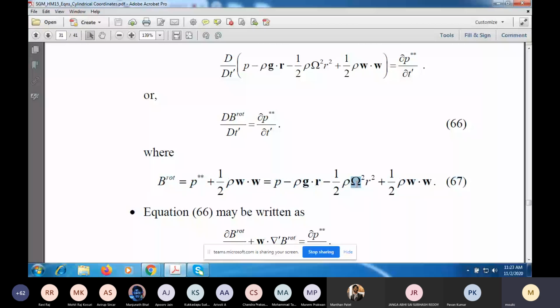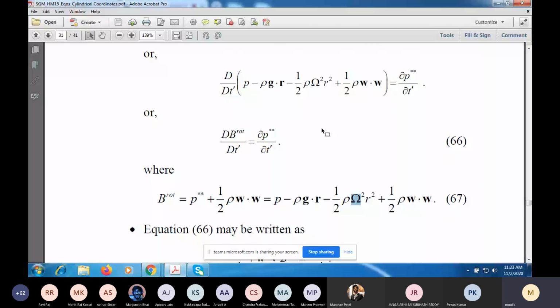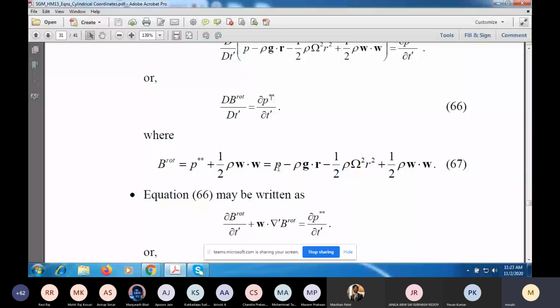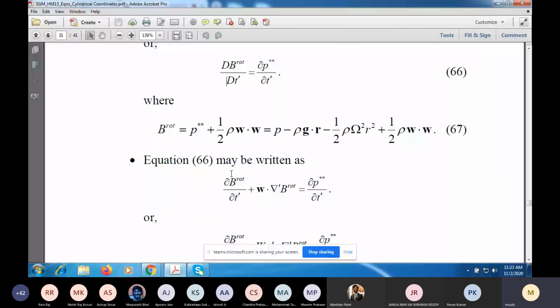So this equation which you have got, I can write using these symbols as one term here on the left hand side equal to another term here on the right hand side: d/dt prime of B rot equal to del/del t prime of P star star. Now I can expand that d/dt prime, write it as the temporal derivative del/del t prime plus the relative velocity W dot grad prime.